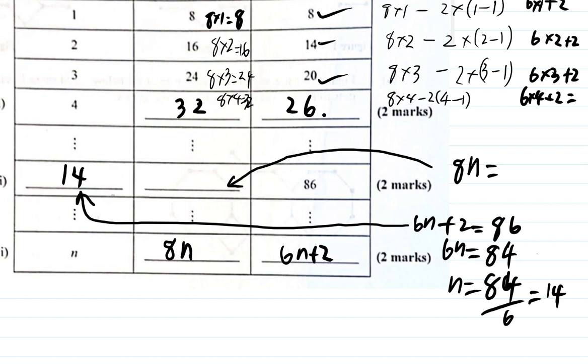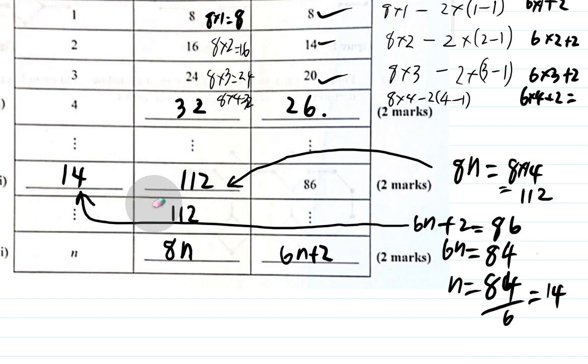Well, n is 14, so 8n is 8 times 14. 8 times 14 is what? 8 times 4 is 32, bring down the 2, carry 3, 8 times 1 is 8, 11. It's 112 that would be the case here.